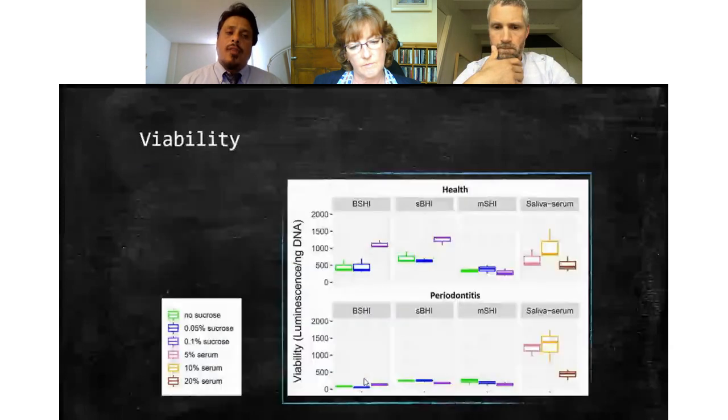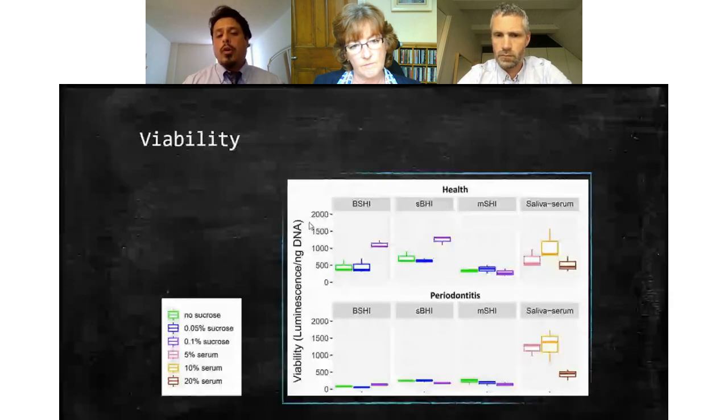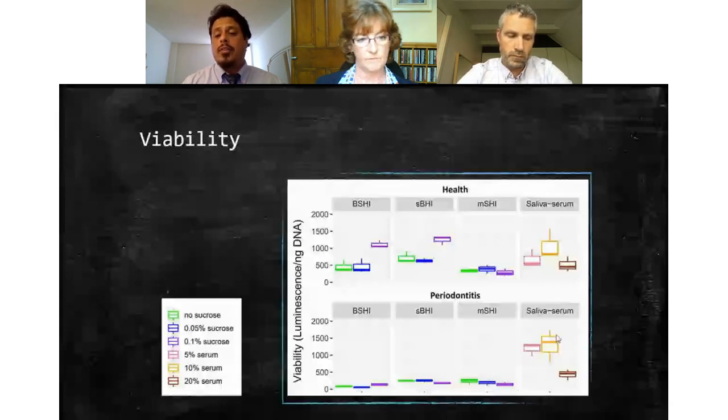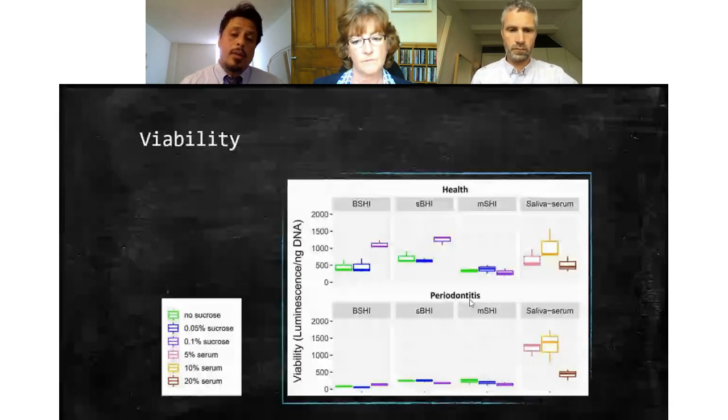Now, what is more interesting is the viability, and as I mentioned, this is very important because we have to ensure that any biofilms or microbiomes we develop should be viable. As you can see here, although these nutrient-rich media increase biomass, when we normalize the viability signal to the total amount of DNA we had, they ended up with low viability, especially in the peritonitis-derived microbiomes, while serum or saliva serum media maximized viability, especially again in the peritonitis-derived microbiomes.